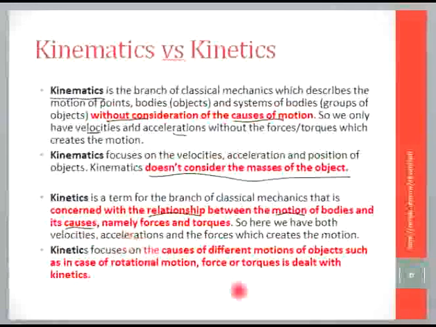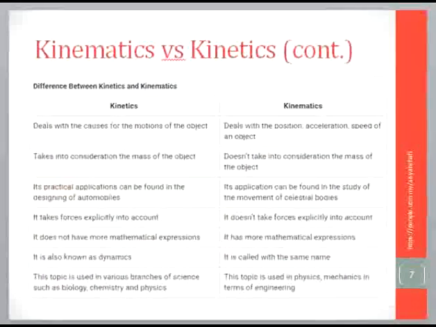It focuses on the causes of different motion of objects, such as in rotational motion, where force or torques are dealt with in kinetics. So this is the comparison between kinetics and kinematics. Kinematics deals with position, acceleration, and speed of the object, but kinetics deals with causes.